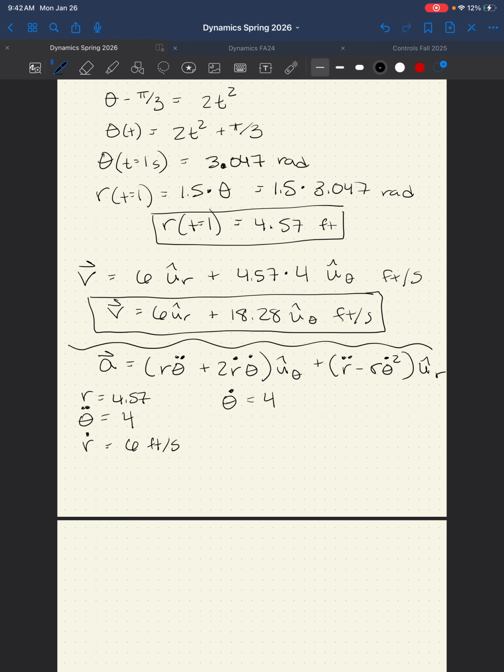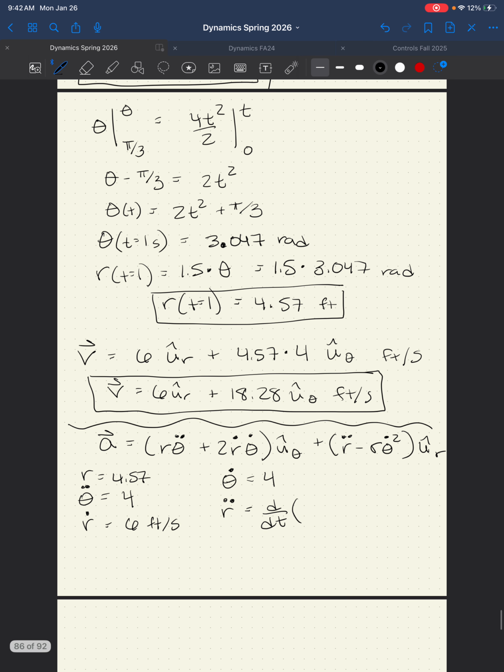And r double dot is going to be equal to the time derivative of our expression for r dot.